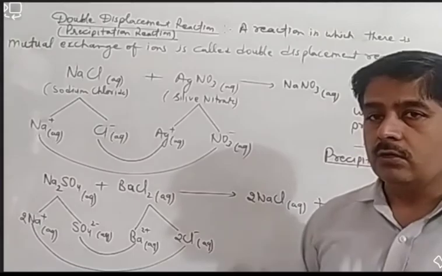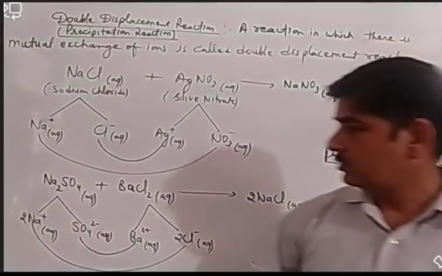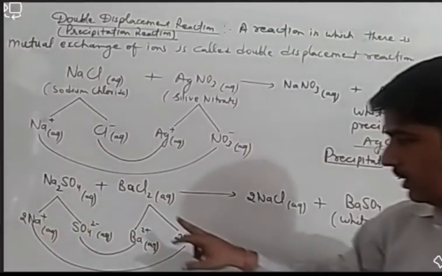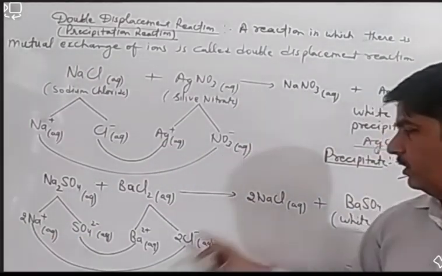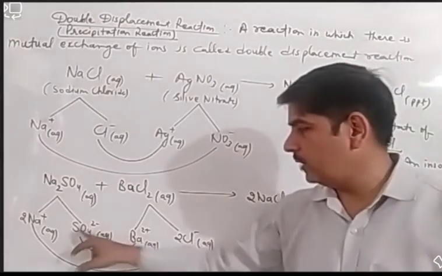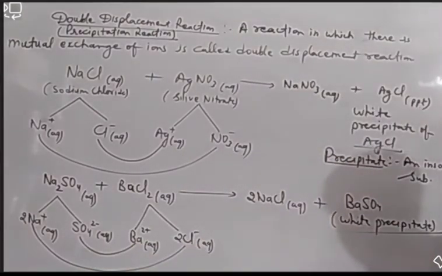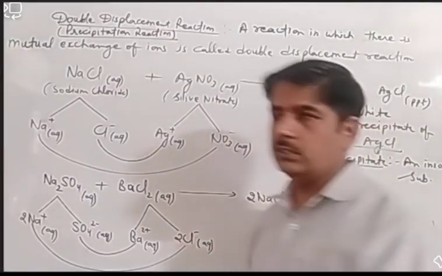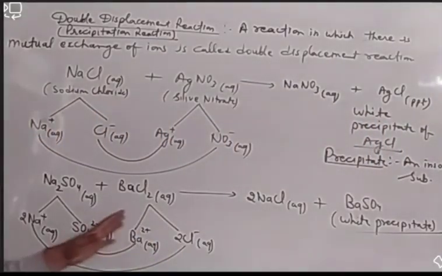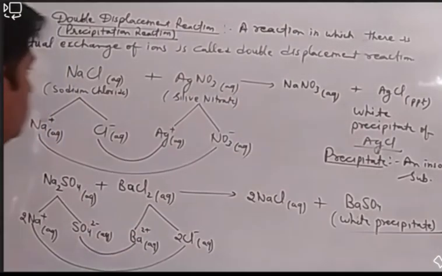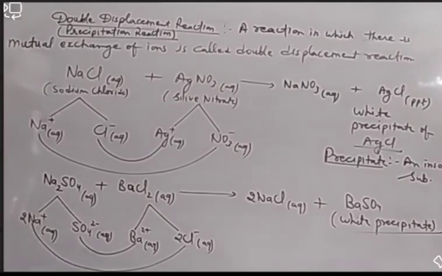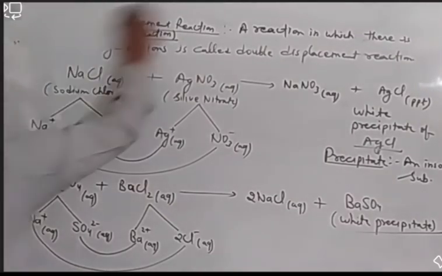Now the positive ion will combine with the negative ion of the other compound. So sodium and chloride will form NaCl, and Ba will combine with sulfate to form BaSO4. BaSO4 is a white precipitate, an insoluble substance. So there is a mutual exchange of ions, and that's why it is an example of a double displacement reaction. Let us see next. So it was about the double displacement reaction.